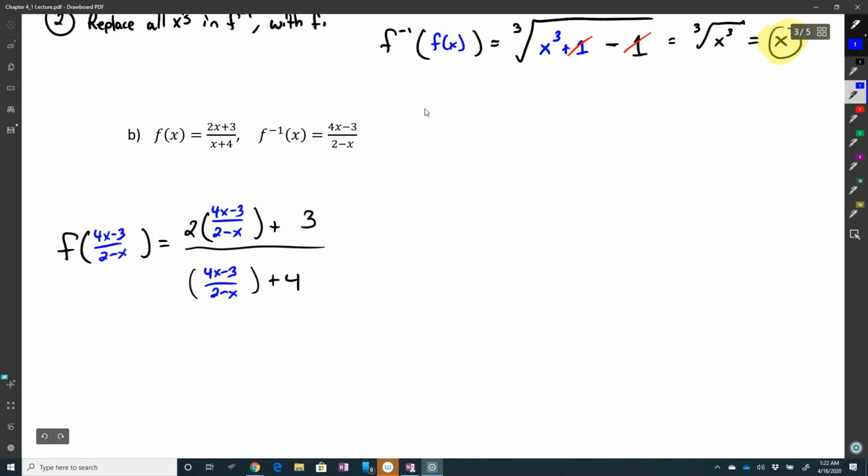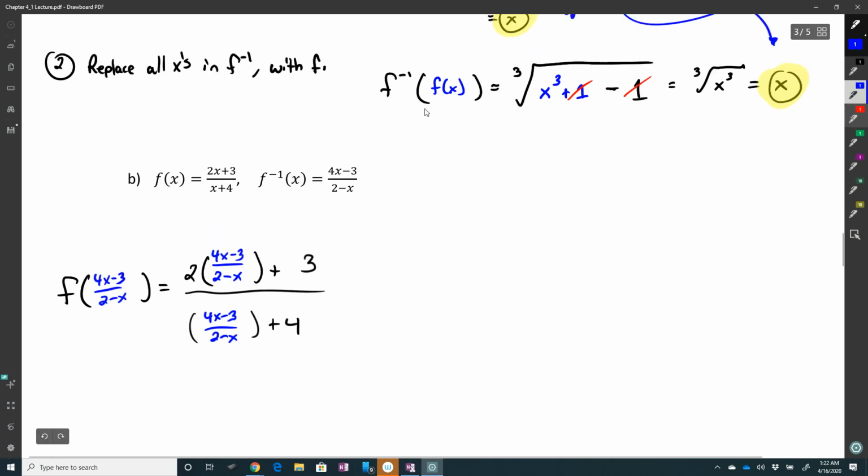And now we simplify. This simplifying looks really scary, but what I'm going to do is just get rid of the inner denominator. I do that by multiplying everything by 2 minus x, whatever the denominator is. Everything gets the 2 minus x.